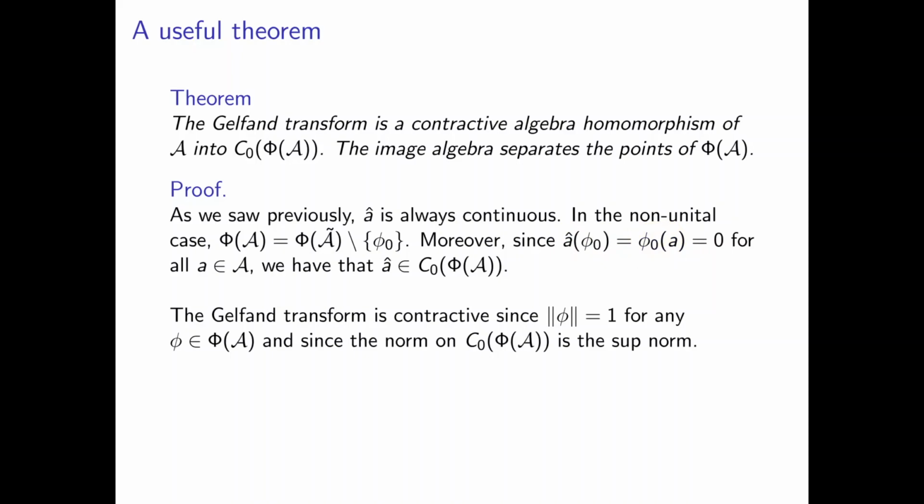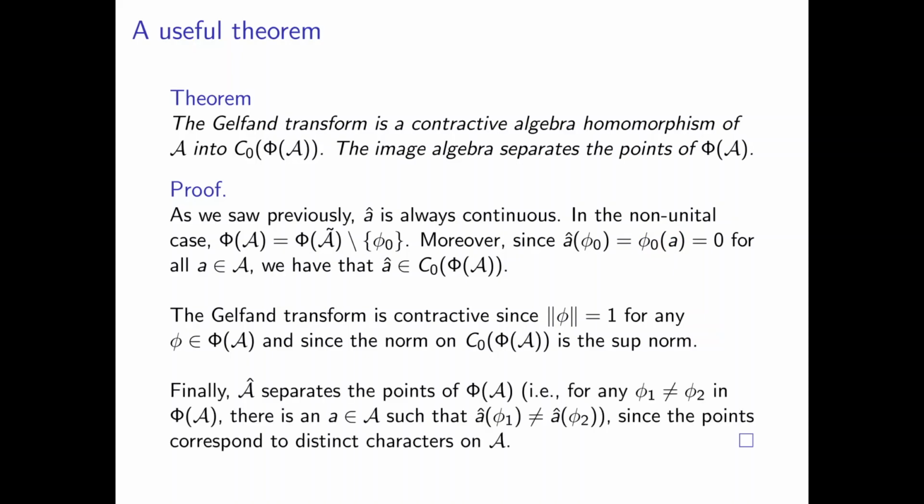And now we finally note this little detail about separation of points. And that is that the image of A under this Gelfand transform, which I will denote in this way, I just set hat on the entire algebra A, this separates the points of the character space.